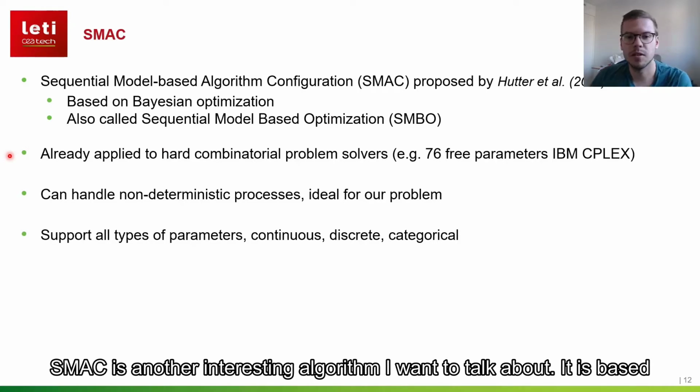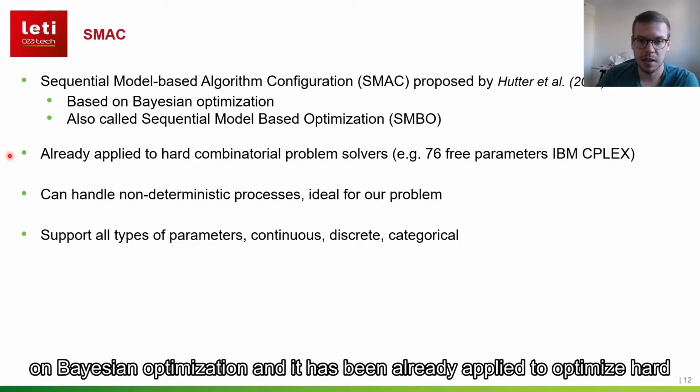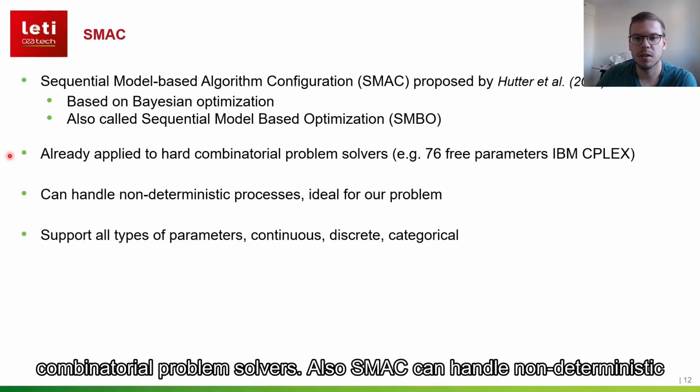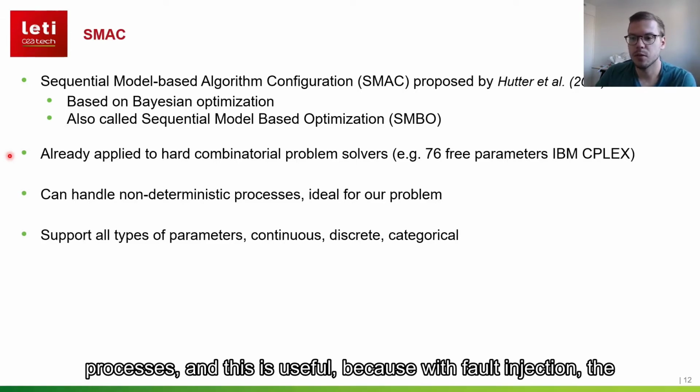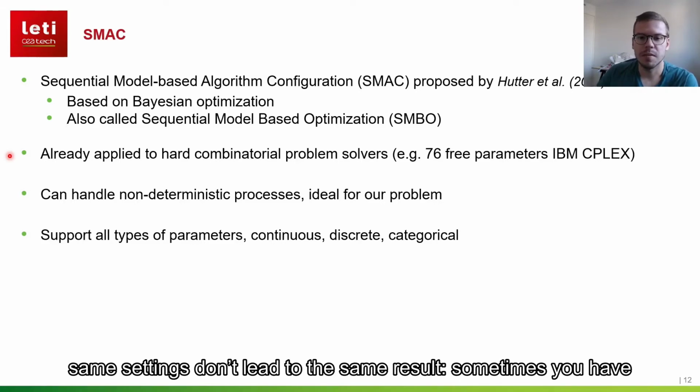SMAC is another interesting algorithm I want to talk about. It is based on Bayesian optimization and it has been applied to optimize hard combinatorial problem solvers. Also, SMAC can handle non-deterministic processes, and this is useful because with fault injection, the same settings don't lead to the same result.